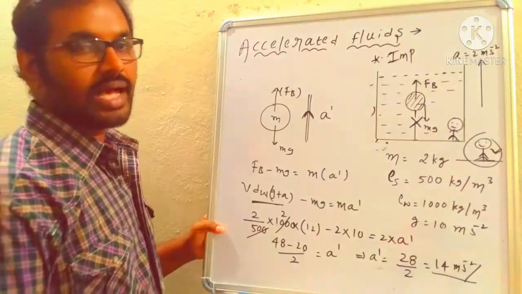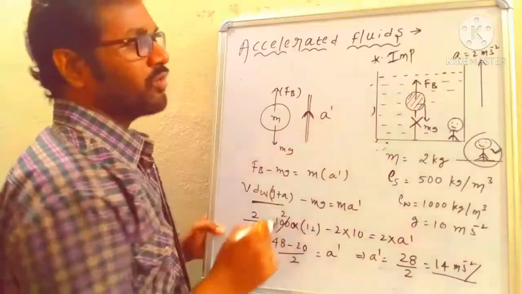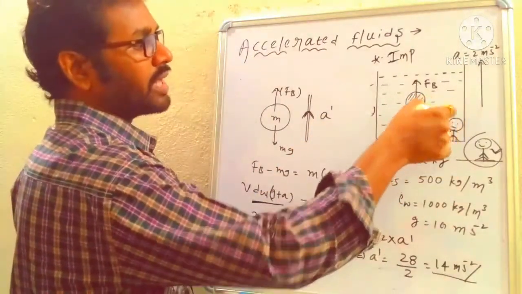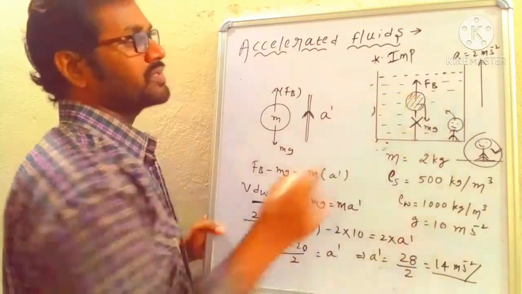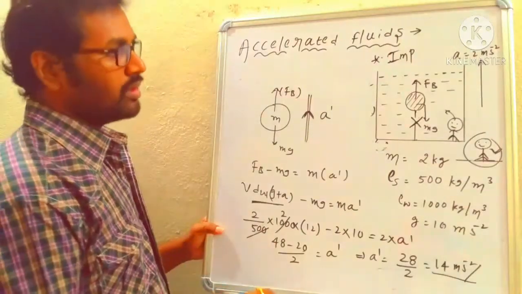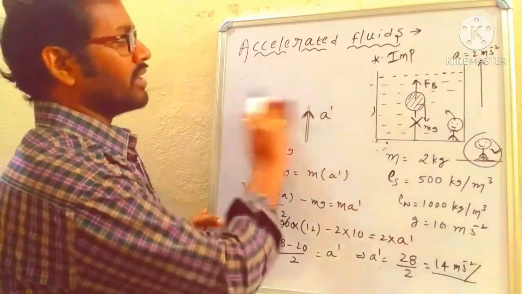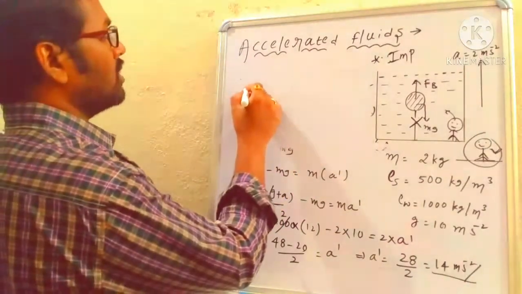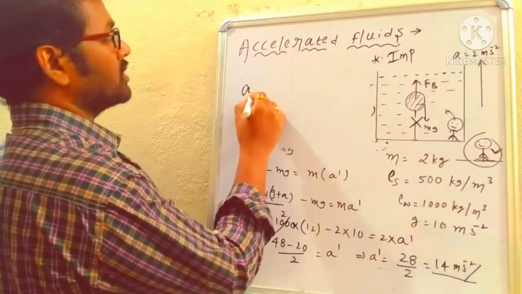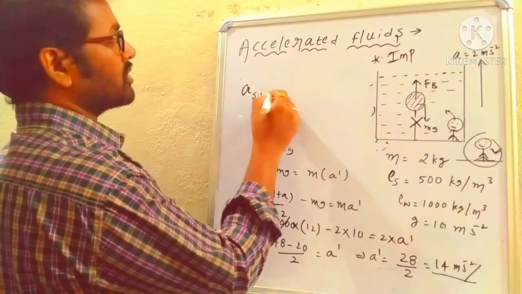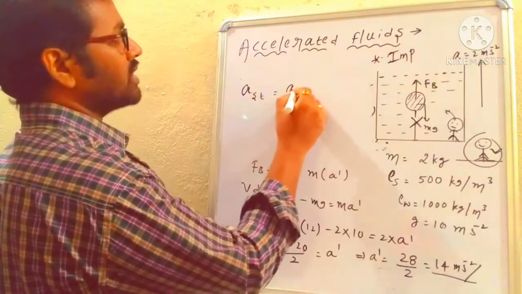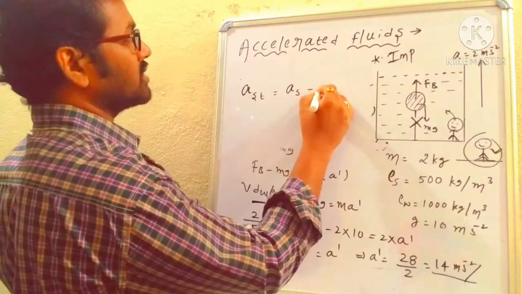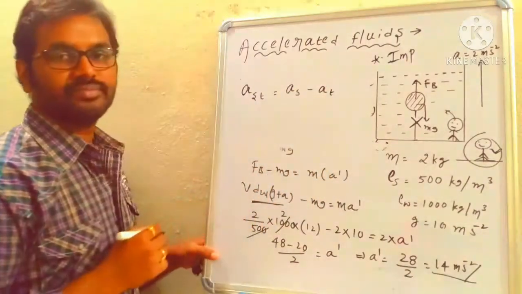But in the question it is asked, what is the acceleration of it with respect to the tank? That means with respect to this person, the acceleration is how much? So as both are moving in same direction, we need to take the difference, or you can write acceleration of the sphere with respect to the tank is equal to acceleration of the sphere minus acceleration of the tank.